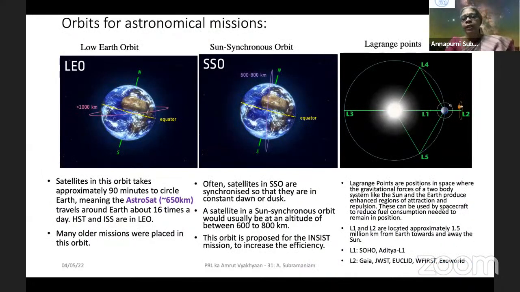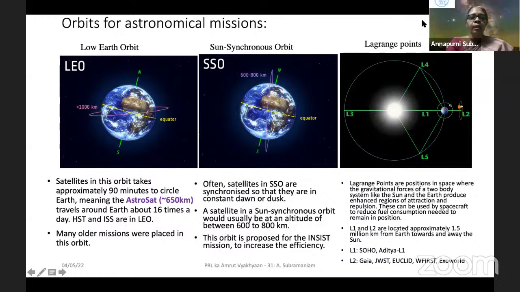Now, when we install our ground-based telescopes, we consider the atmospheric seeing conditions and the number of clear skies; the space telescopes are put in orbits in various ways. There are three main types of orbits.